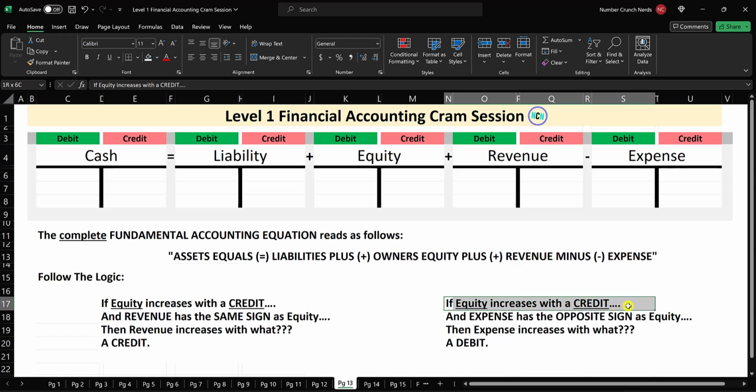If equity increases with a credit and expense has the opposite sign of equity, then expense increases with what? A debit. It can all be found logically. You just follow the logic along. Equity increases with a credit. We know this is the opposite sign, therefore expense has to increase with a debit.